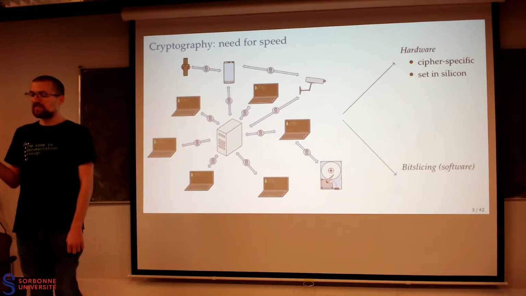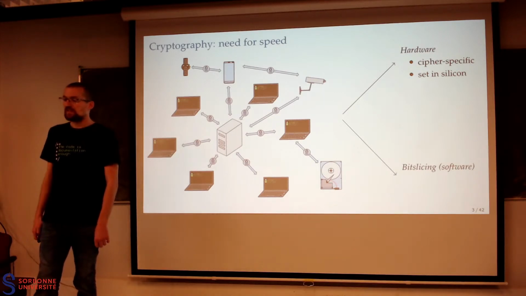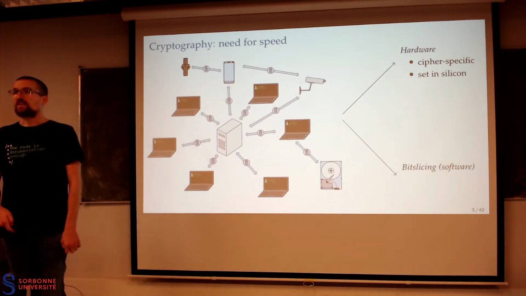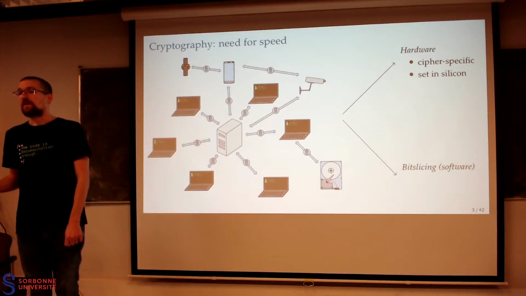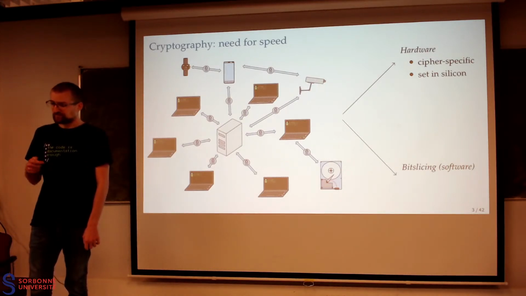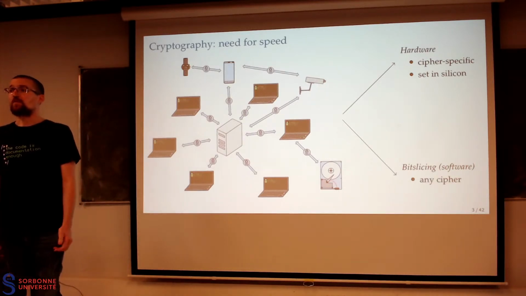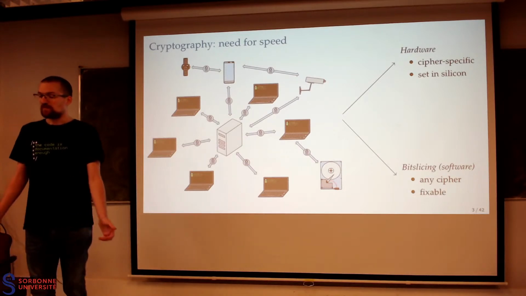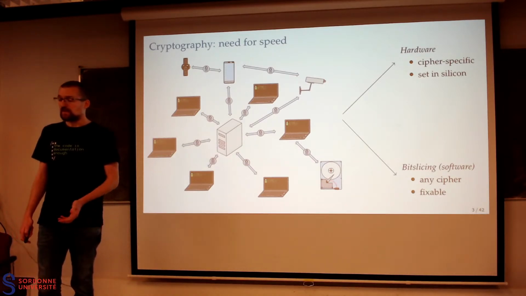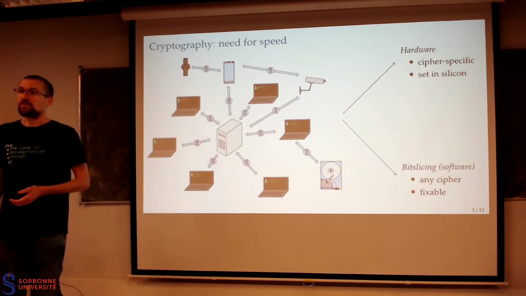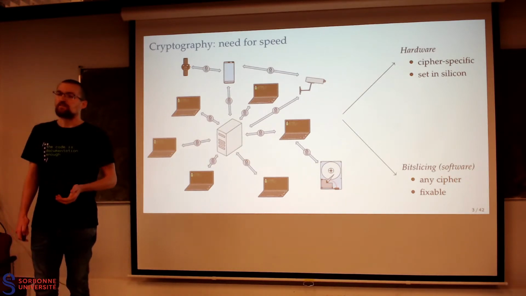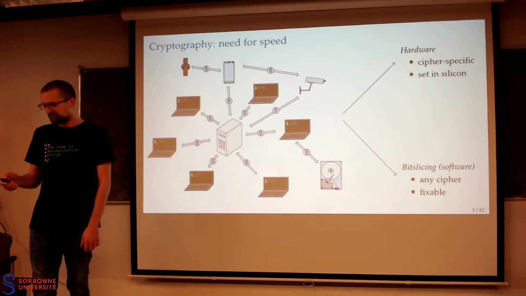So instead, in this thesis, we are going to be interested in bitslicing, which is a technique to write efficient software implementations of ciphers. Because it's software, it can be applied to any cipher. And once again, because it's software, if there is an issue with your implementation, you can always fix it, recompile it, and use the fixed version.